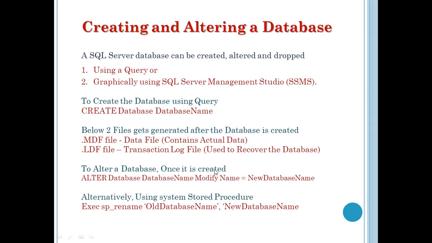Once you create a database, how can you alter it? Using the below command we can alter a database: alter database, database name, then modify name equal to the new database name. Alternatively, we can also rename a database using the system stored procedure: execute sp_rename, then the old database name and new database name as parameters.